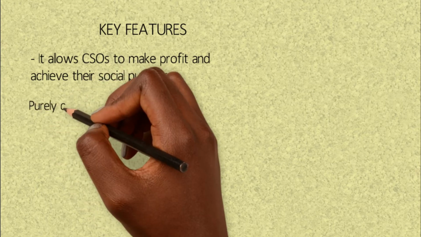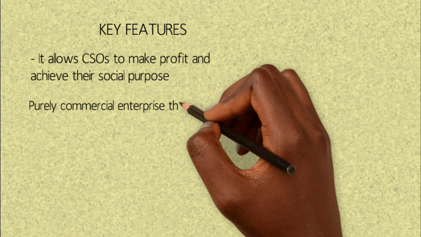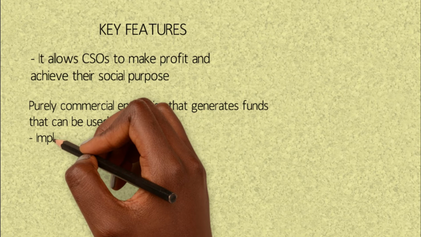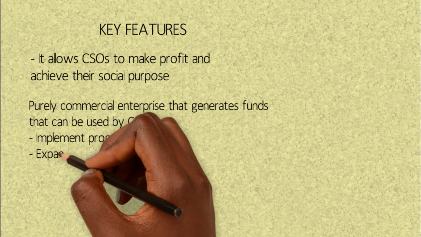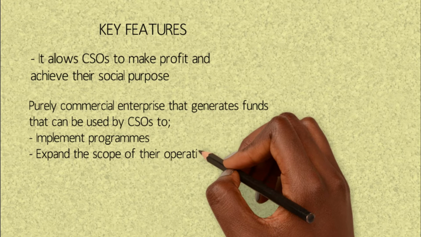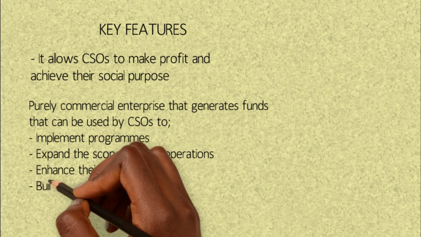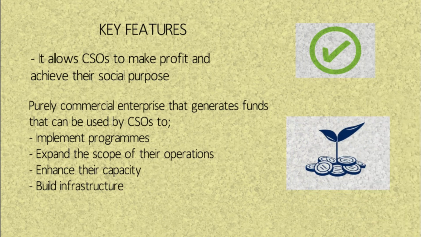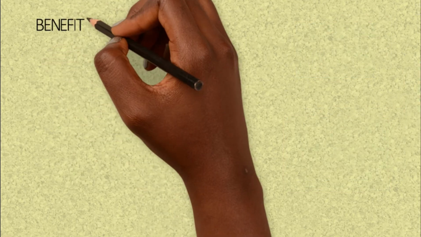It is purely a commercial enterprise that generates funds that can be used by organizations to either implement programs, to expand the scope of their operations, to enhance their capacity, so go for trainings, recruit more staff, buy equipment for the organization, and as well build infrastructure. So construct your building, put up the right adequate facilities that you need to operate as a civil society organization.